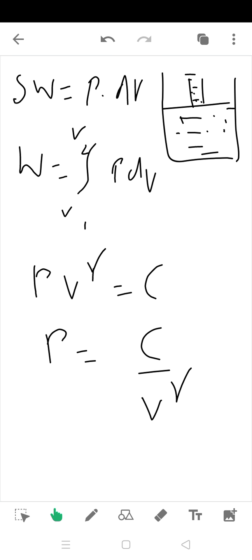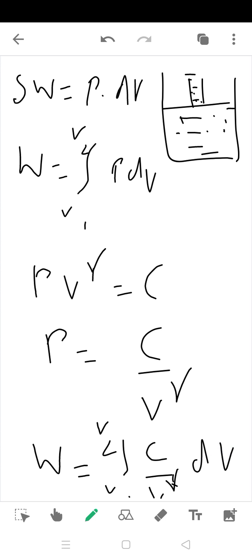Then W is equal to the integral from V1 to V2 of C by V to the power gamma into dV. We will integrate.